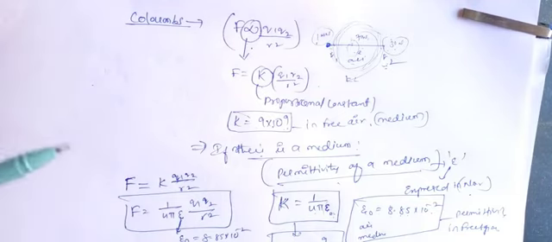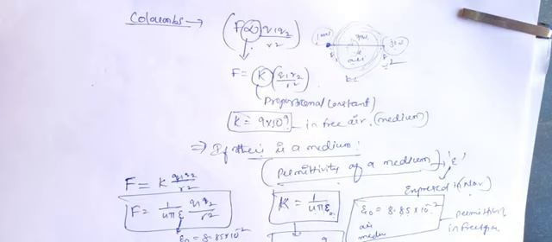Coulomb's law mainly explains the force that exists between two charges. The direction of the force is always along the line joining the two charges, and the magnitude of the force is proportional to the product of the charges and inversely proportional to the square of the distance.